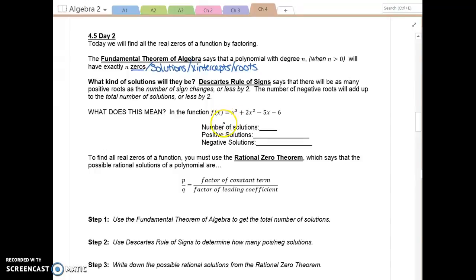We start out with positive x cubed, stay positive, then it changes to negative, and then it stays negative. There is one sign change in this polynomial.